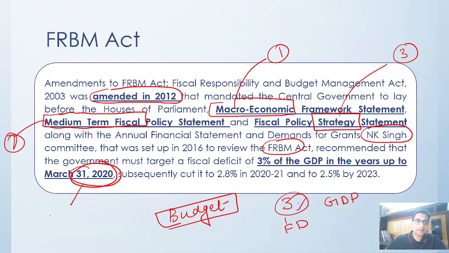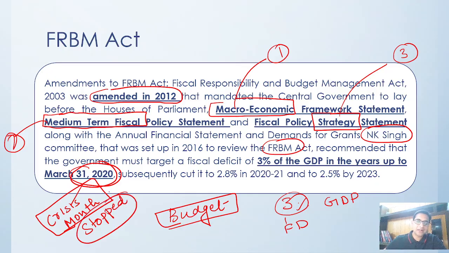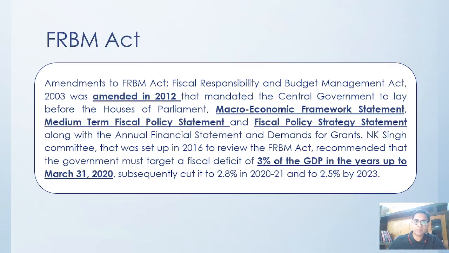But this month is a crisis month, because the whole country stopped in this month. The target that we have to achieve has been thrown away, right? So here NK Singh has given that by 2020 you have to reach 3% of the fiscal deficit.